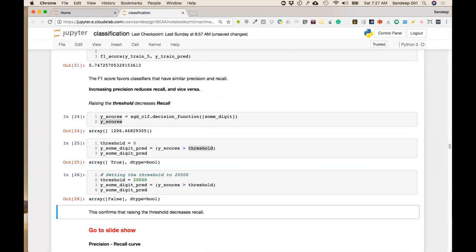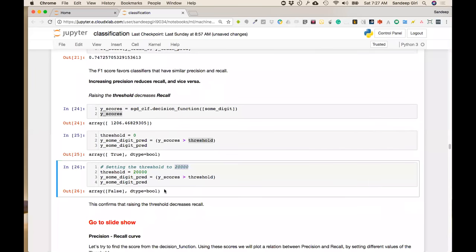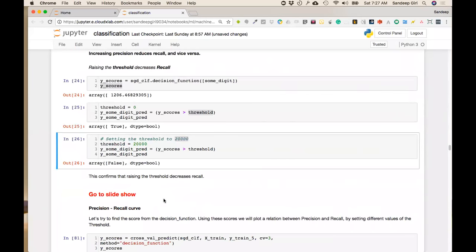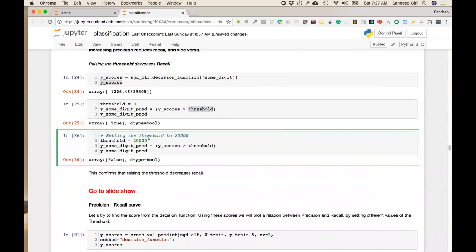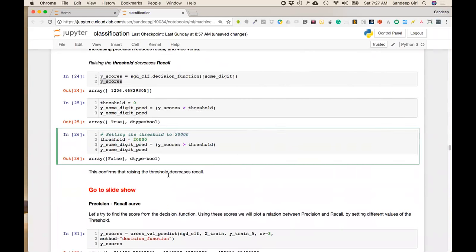If our threshold is higher, as in 20,000, then the digit will be classified as not 5, and therefore the recall rate will go down. So if our threshold keeps going up, the recall rate will go down.